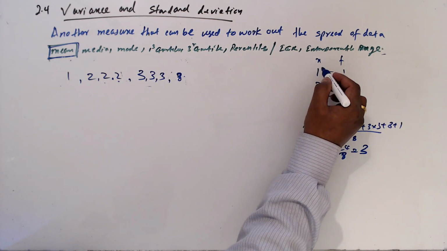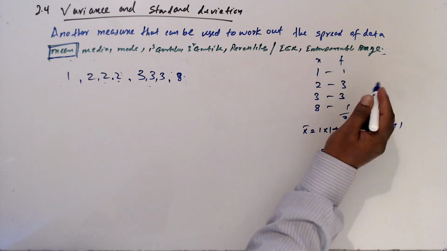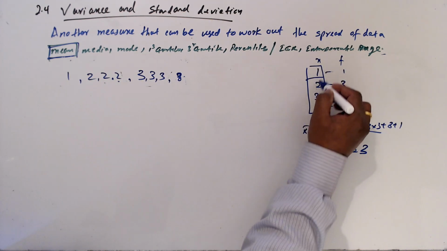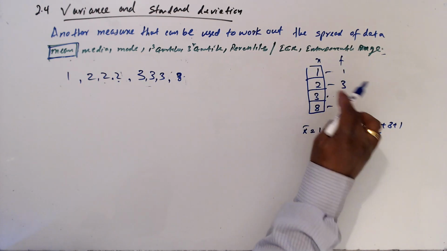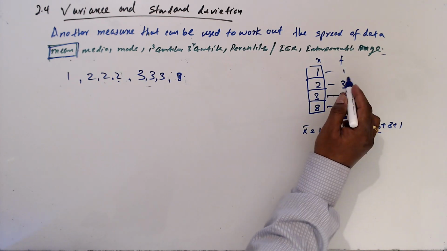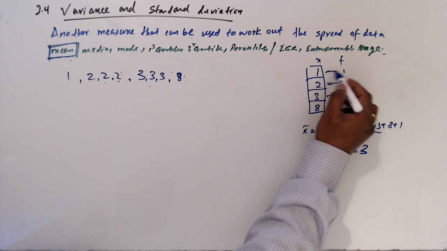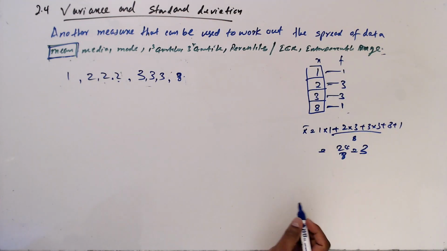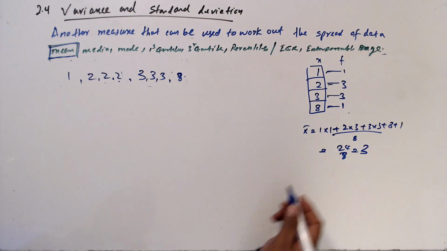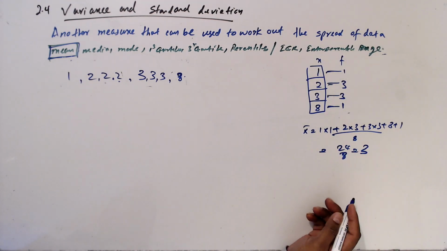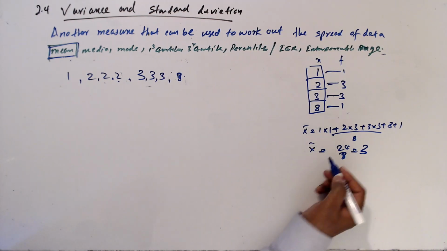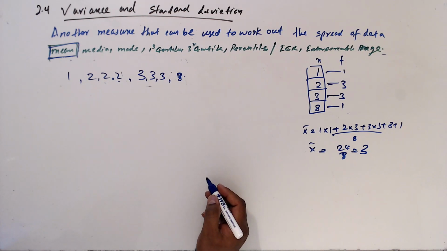So those are the x values, and the relevant f. We found out the mean x bar. Now we want to find how far each value is from it.